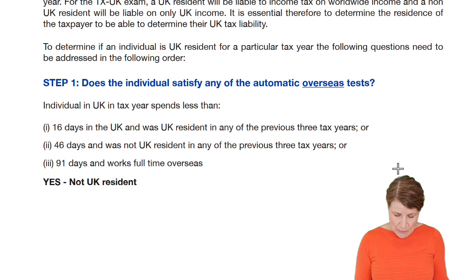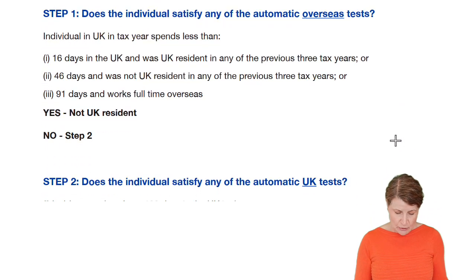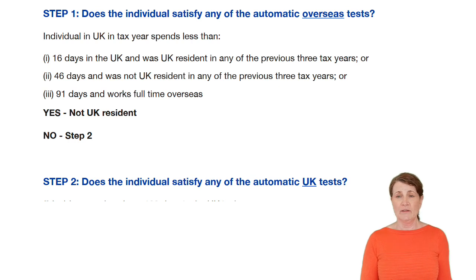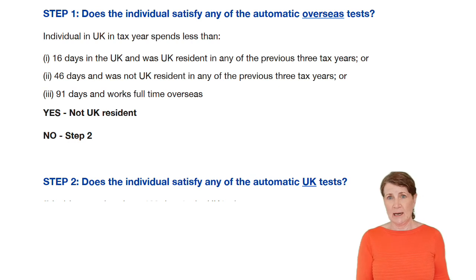Now, to determine residence, up until 2017 it used to be pretty straightforward. Effectively, if you were in the UK for at least half the tax year, you were resident in the UK, generally for the full tax year. And then they brought in a bit more of a complication back in 2017, which is known as the statutory residency test.